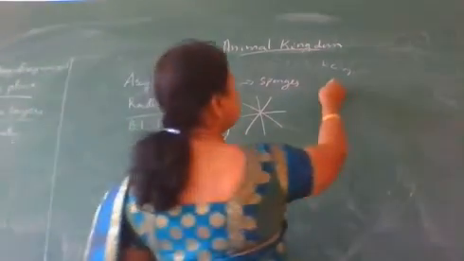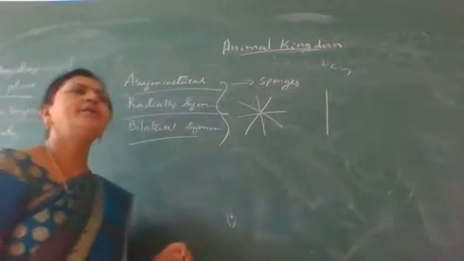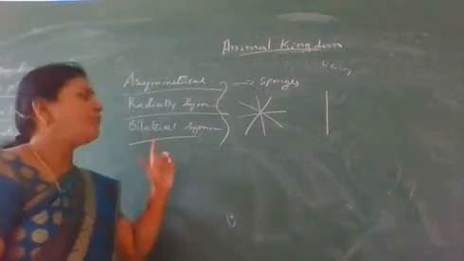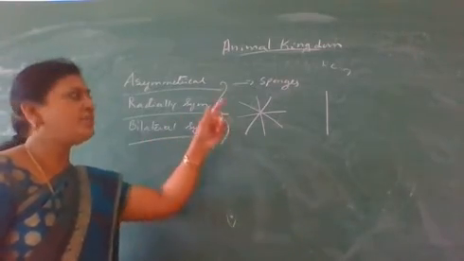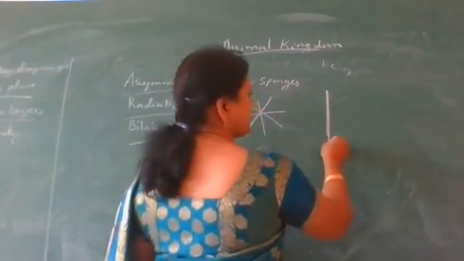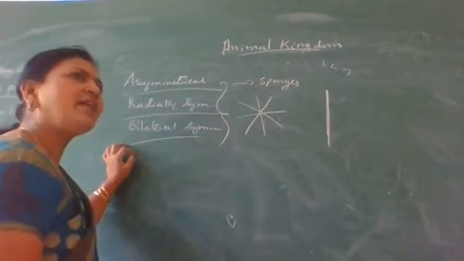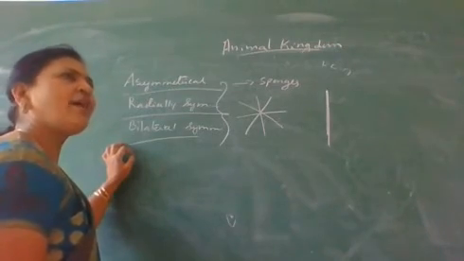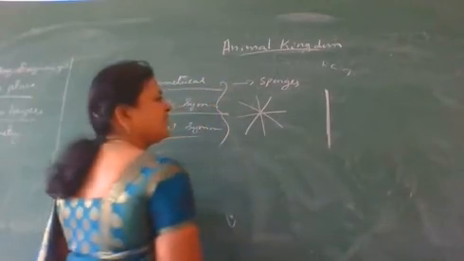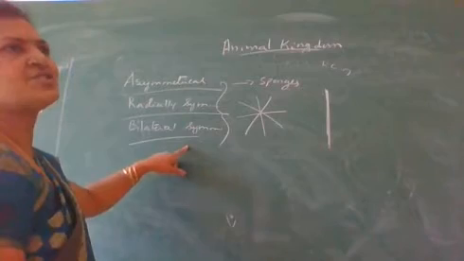Bilateral symmetry is one which gives two equal halves when the plane of division passes through the central axis. So when we cut the animal, the plane passes only through the central axis that gives two equal halves. It is called bilateral.